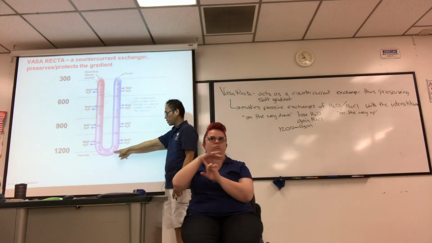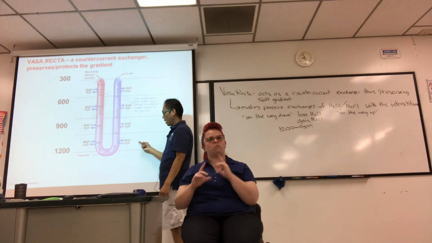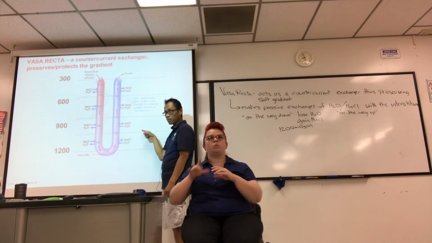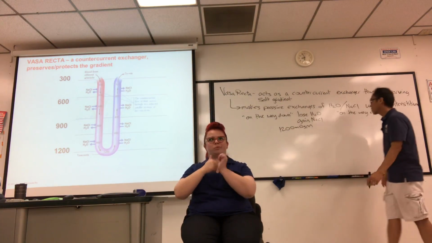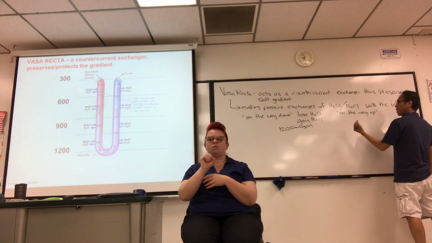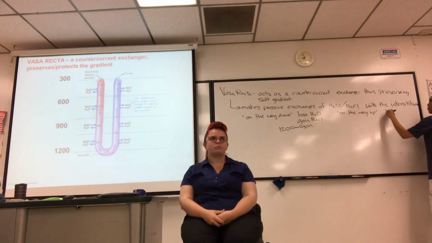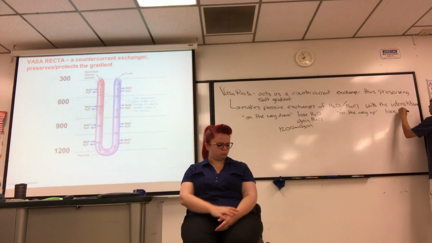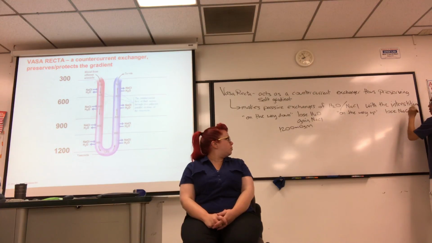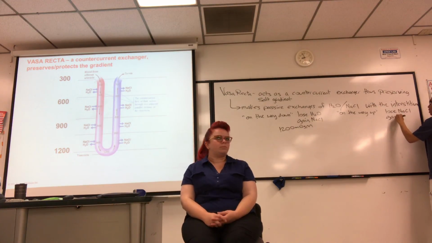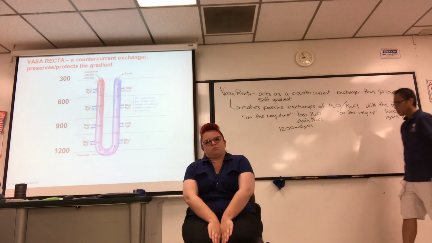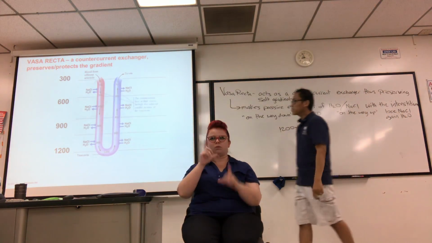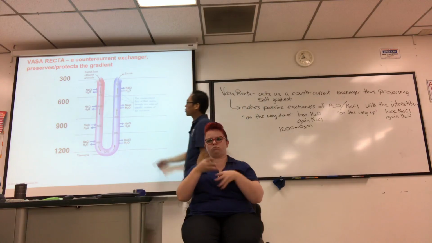So you've concentrated the blood. Now you'll gain water, lose salt. Just rules of diffusion and osmosis. On the way up, lose salt, gain water. Therefore, you're going to dilute the blood. Look at the concentration of the blood as it leaves. It's about 300, 325.